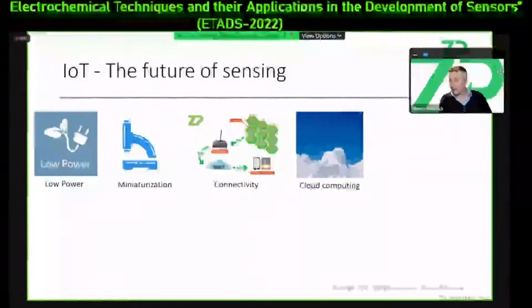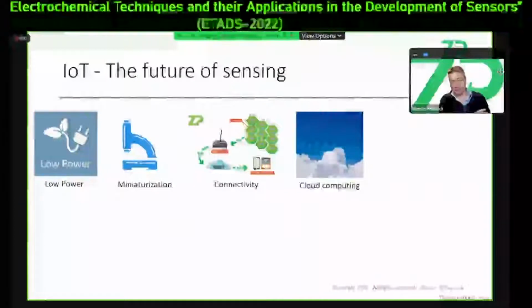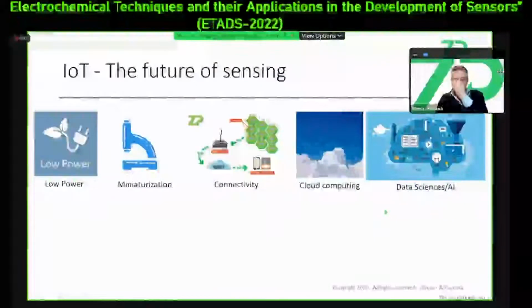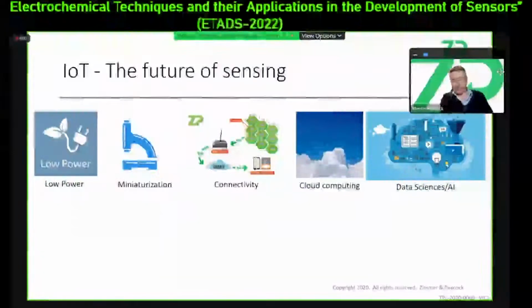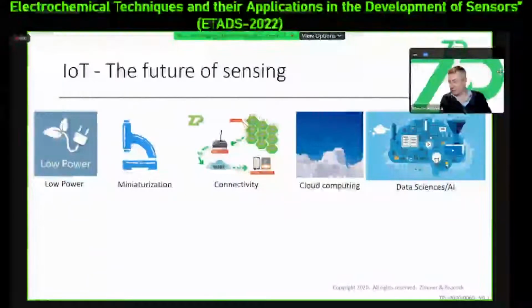You've already seen that at ZP, we have cloud computing, we have Julie. So the Internet of Things is about putting sensors in the real world and moving the data to the cloud. At ZP, we have a small data sciences team, and some of those engineers are in India. Data science is really helping both the Internet of Things revolution and this biosensor revolution.